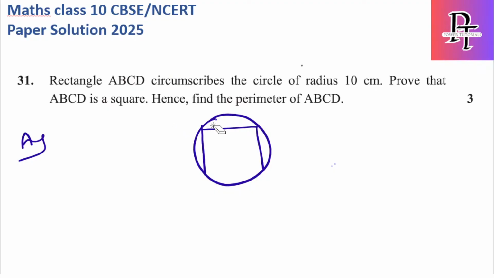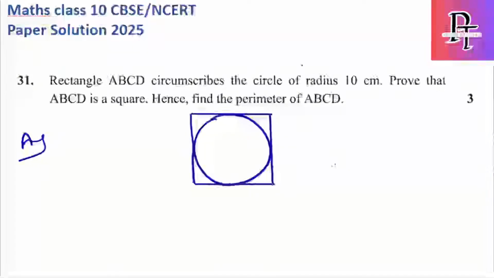Okay, so inside should be a circle. So ABCD is a rectangle which is circumscribing a circle of radius 10. So this radius is 10. Okay, so they are asking us to prove that ABCD is a square.